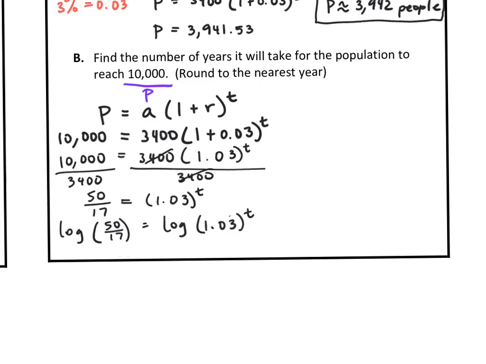So in my next step, I'm going to write log 50 over 17 equals T times log of 1.03. So all I did here is I took this T and I moved it to the front.